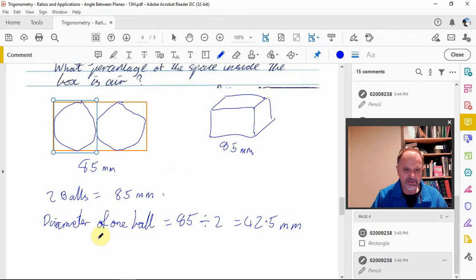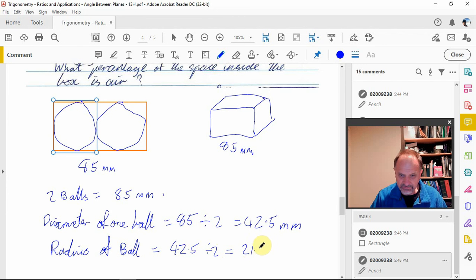And so the radius of the ball, if we need to use it, which we will, is 42.5 divided by 2, which is 21.25. Not centimetres, millimetres.